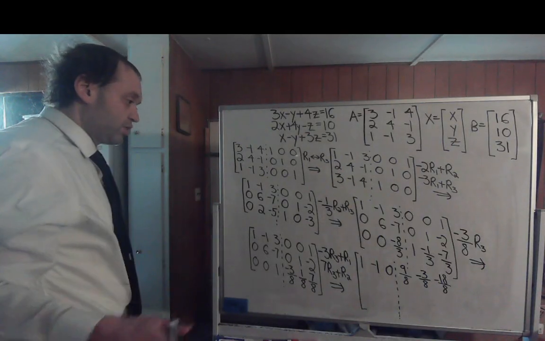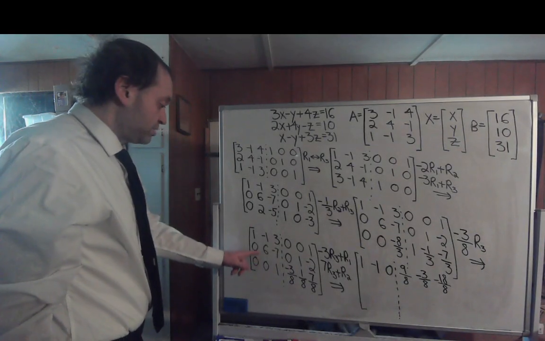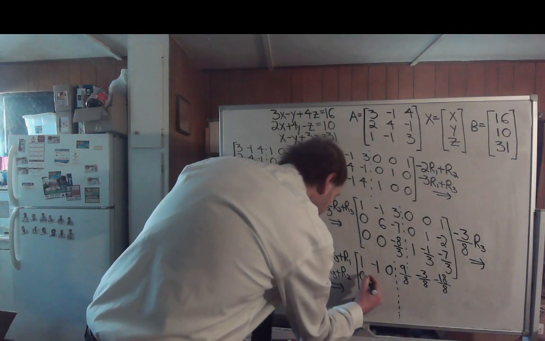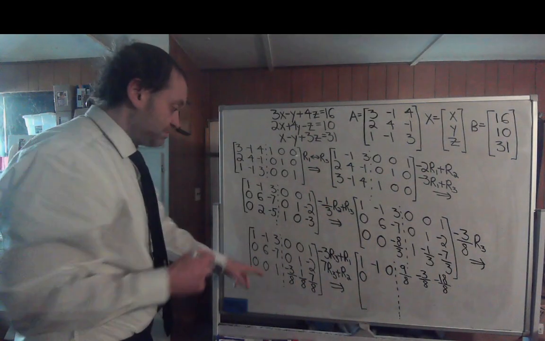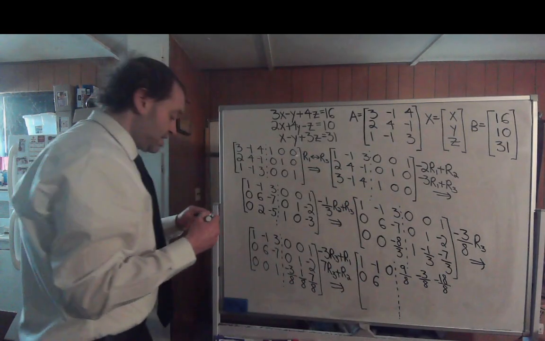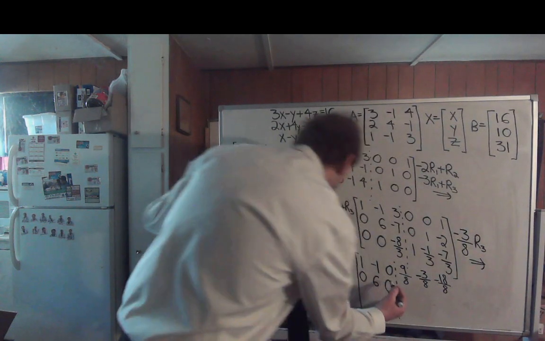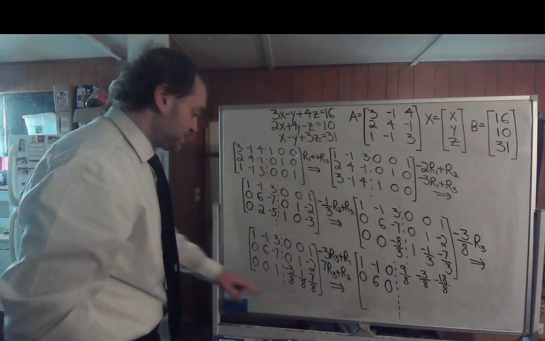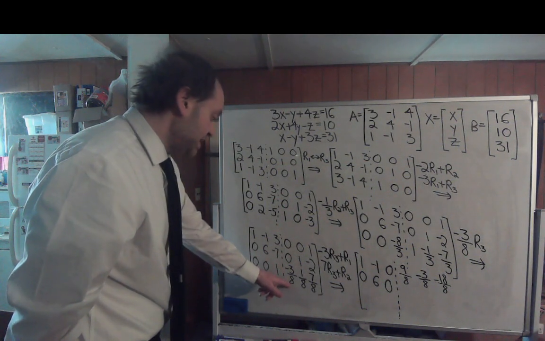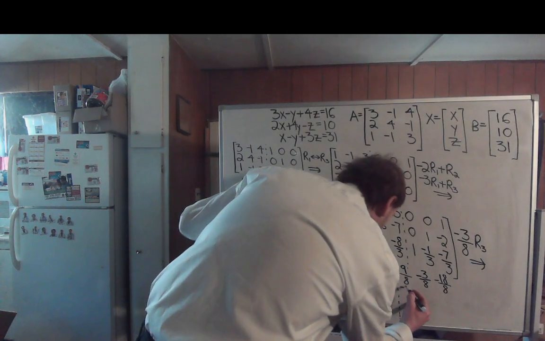Alright, now between rows 3 and 2. 7 times 0 is 0, plus 0 is still going to be 0. 7 times 0 is 0, plus 6 is still 6. 7 times 1 is 7, minus 7 is 0. 7 times negative 3/8 is negative 21/8 plus 0. Well, there's just your negative 21/8.